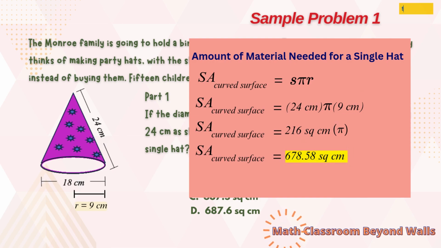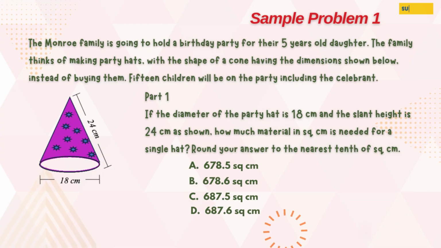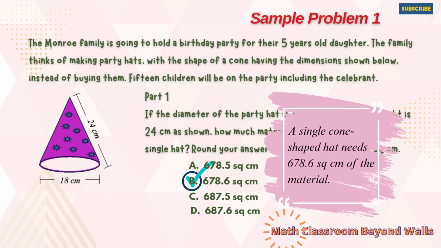Rounding off to the nearest tenth gives us 678.6 square centimeters. So, what is our answer, learners? Is it option A, option B, option C, or option D? Okay, so the answer is option B. Thus, a single cone-shaped hat needs 678.6 square centimeters of the material. That was easy.